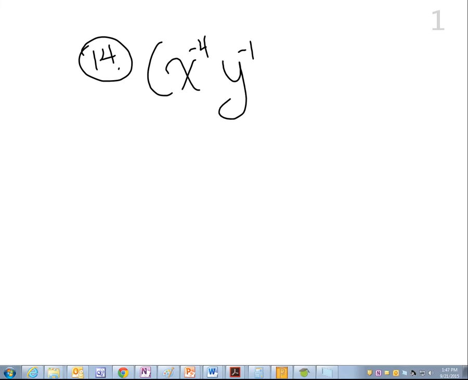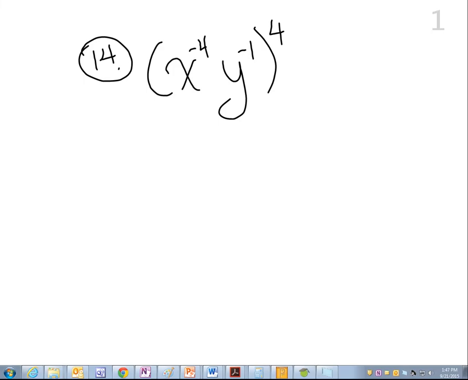Simplifying is solving, but you can't solve because there's no number values. But for number 14, as I just tried to do, which my computer's being really slow, x to the 4th, y to the negative 1st, and then that one goes to the 4th. Now, what does the power of a power say?